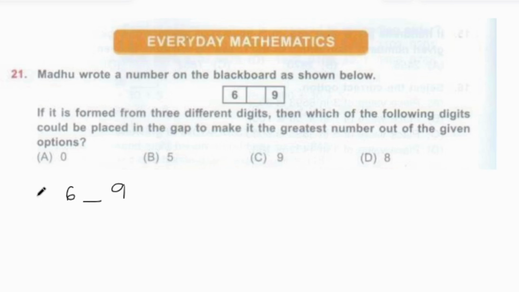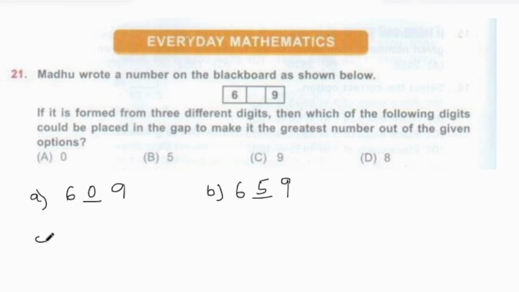So let's choose option number A and write the value of option number A, which is 0. And for option number B, let's write down 6 and then 5 and 9, which is from B.